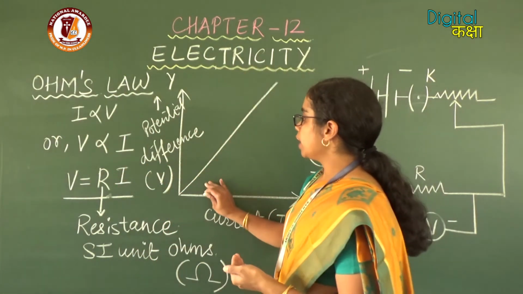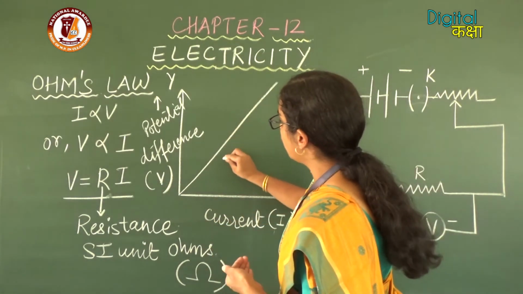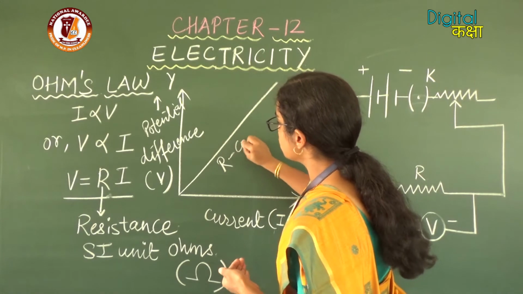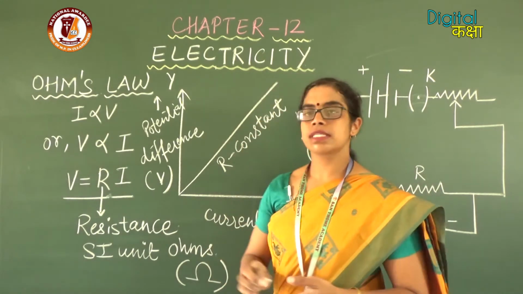So, the straight line in this graph gives us the idea of the constant value of the resistance R.